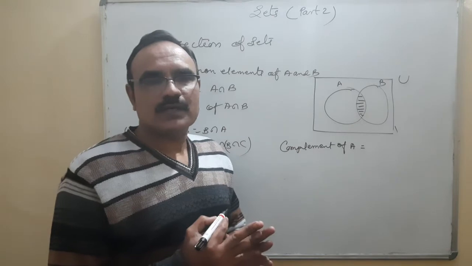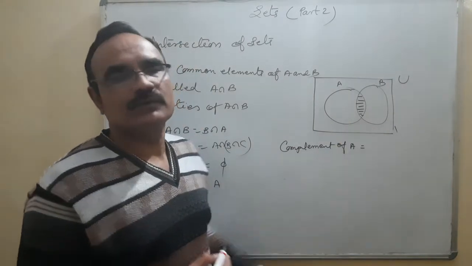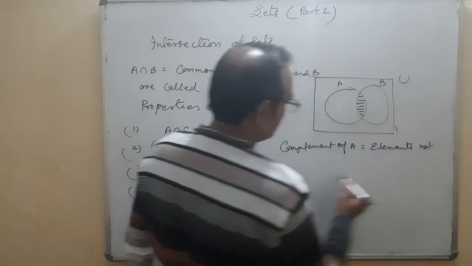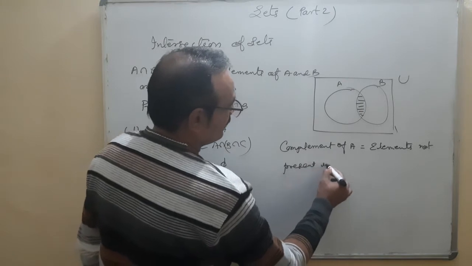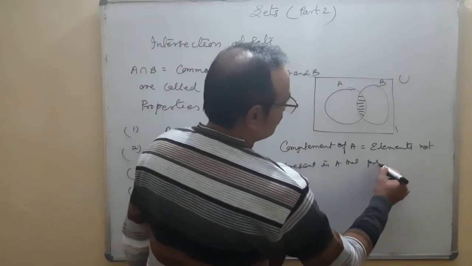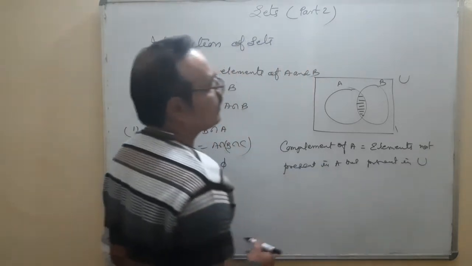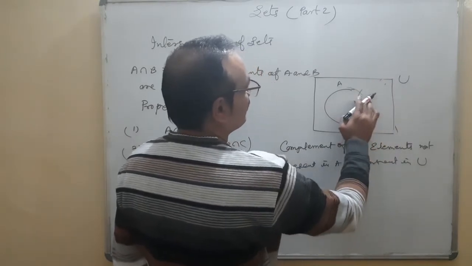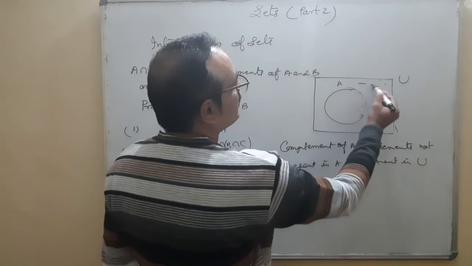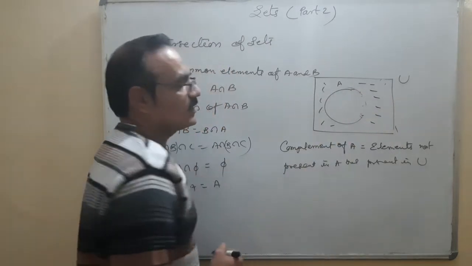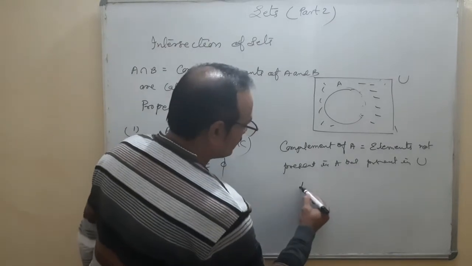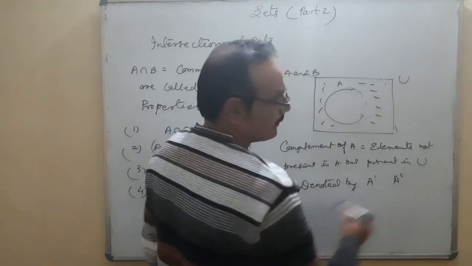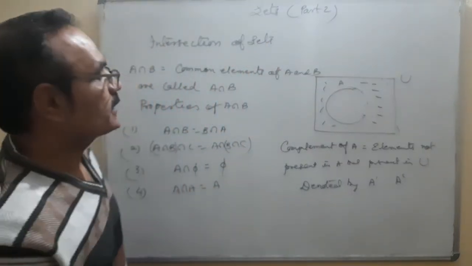Elements which are not present in A but present in U. Suppose we are going to find the complement of A. All the elements which are present here are called the complement of A, which is denoted by A dash or A complement.